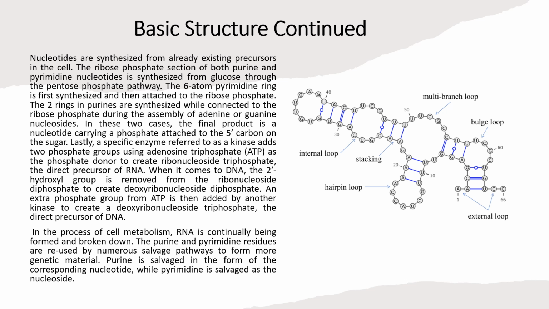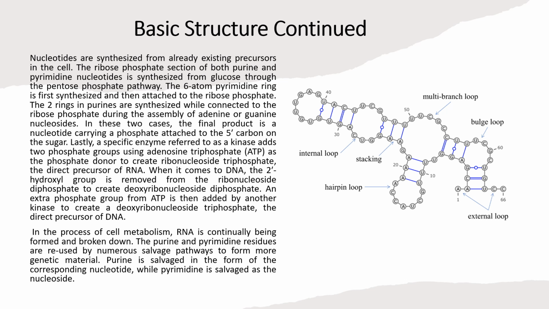Lastly, a specific enzyme referred to as a kinase adds on 2 phosphate groups using adenosine triphosphate, ATP, as the phosphate donor to create ribonucleoside triphosphate, the direct precursor of RNA. When it comes to DNA, the 2-hydroxyl group is removed from the ribonucleoside diphosphate to create deoxyribonucleoside diphosphate.